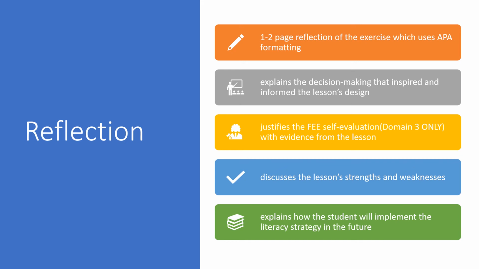You don't have to turn in a rubric or anything for that, but you need to incorporate that domain into your reflection. Some people actually do like to copy and paste the FEE into their reflection, and you can do that as well, but you just have to make sure that you also support it with evidence from the lesson somewhere within your narrative, your discussion. You need to discuss the lesson's strengths and weaknesses.